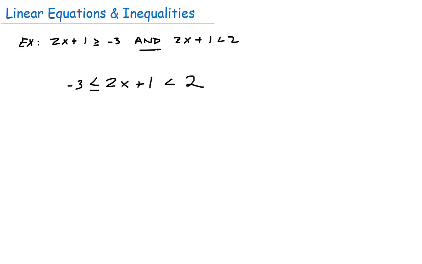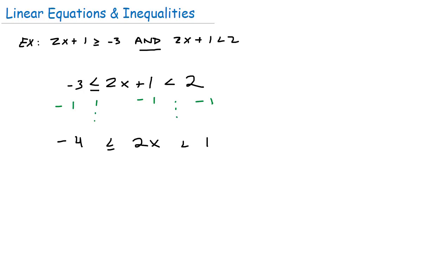So we can write it as one big compound inequality and then work on solving it all at once, still focusing on getting x by itself. But this time, we're going to work on all three sides at the same time. We subtract 1 from all three parts, and we get -4 is less than or equal to 2x, which is less than 1.